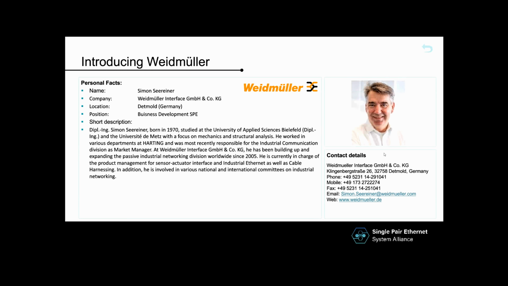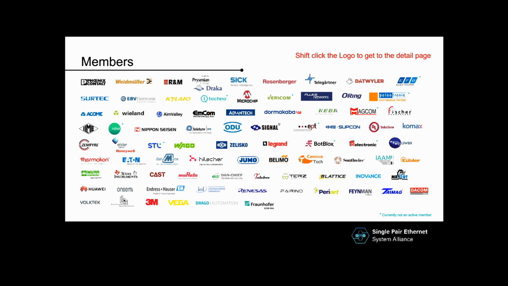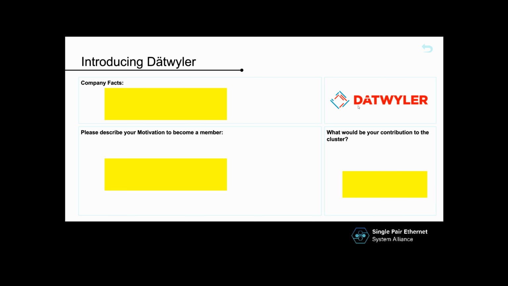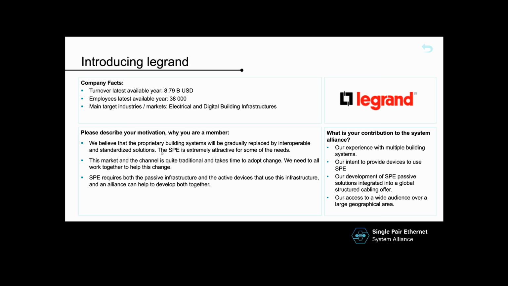And of course, we have some personal information here, for me, for example. You could browse through basically all of the different companies here, Detweiler, for example. Most of them have information there. For example, Legrand, explaining a little bit what their contribution to the Single Pair Ethernet System Alliance is.